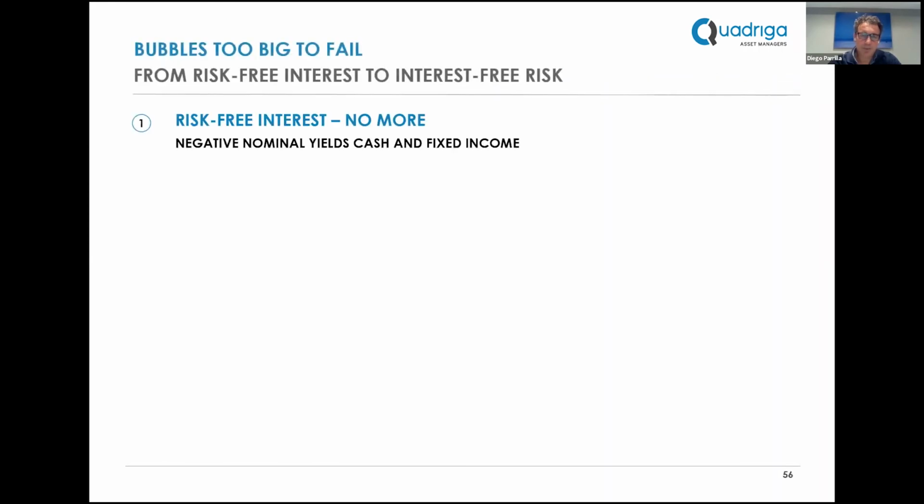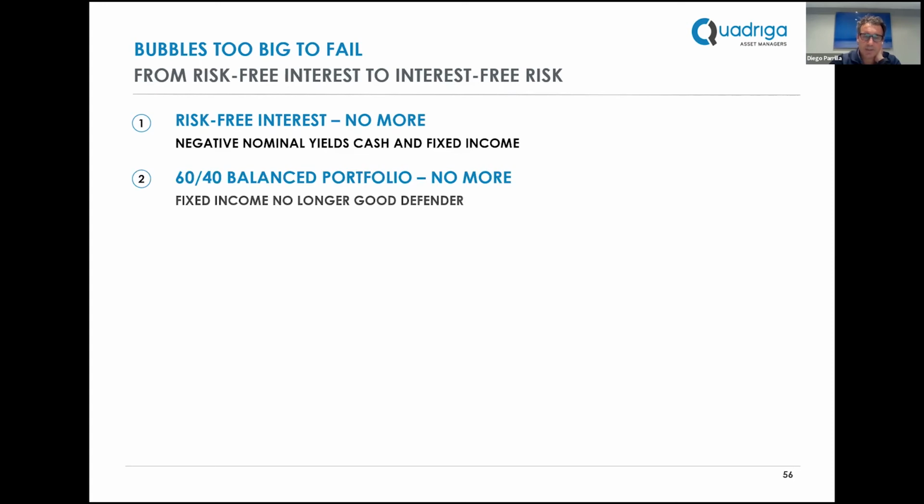And this is why I think we're caught in this situation. I summarized the last decade as the transformation of risk-free interest into interest-free risk, and the implications are significant. There's no such thing as risk-free interest. There's nowhere you can just park your money and earn real positive returns, in many cases not even in nominal terms.